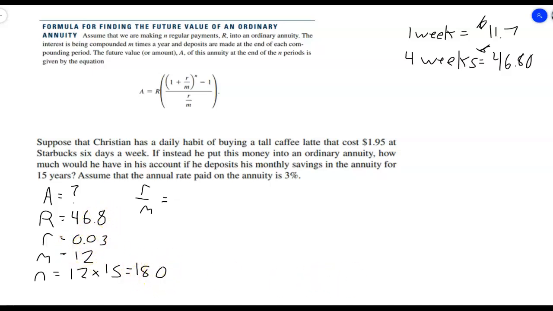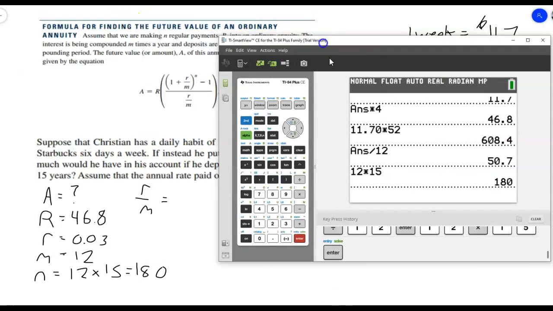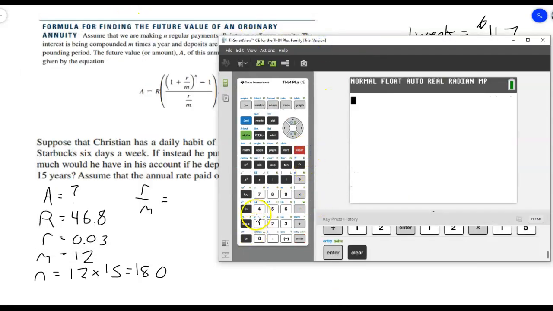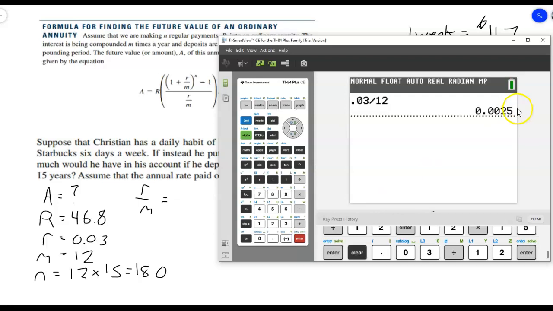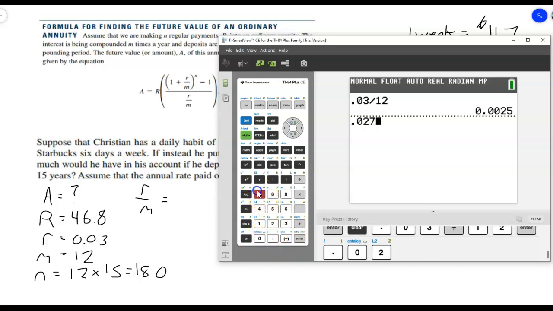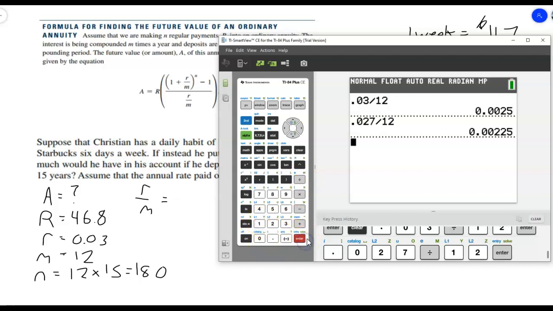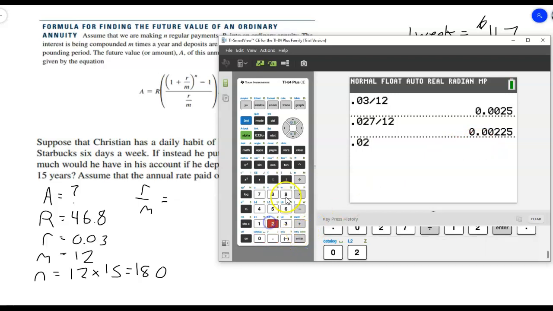So we're going to have 180 total compounding periods. Now, to calculate our R over M, I can just do 0.03 divided by 12. We're going to get 0.0025. Sometimes, for example, if we had an interest rate of 0.027 and divided that by 12, that one came out okay. Let's try 0.029. Sometimes they come out a lot longer.